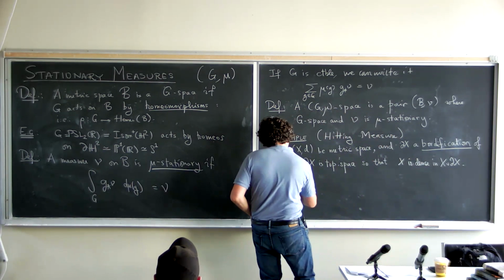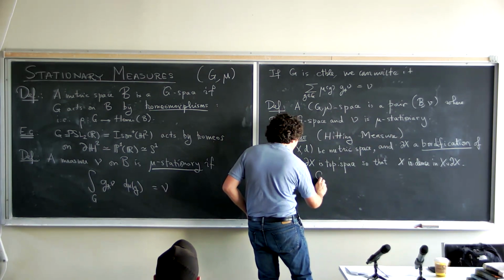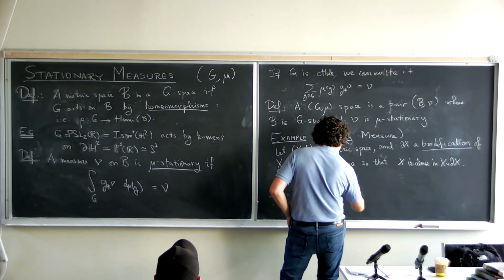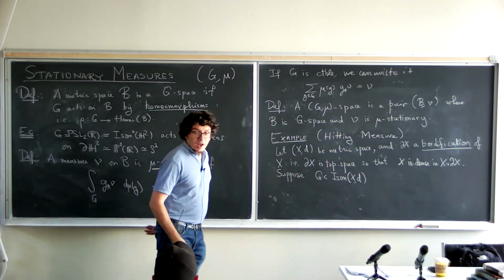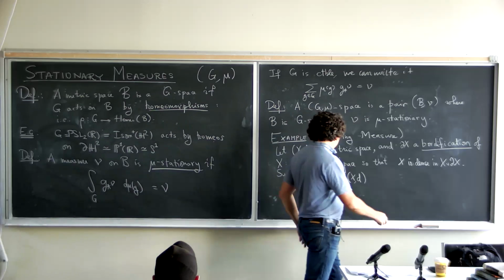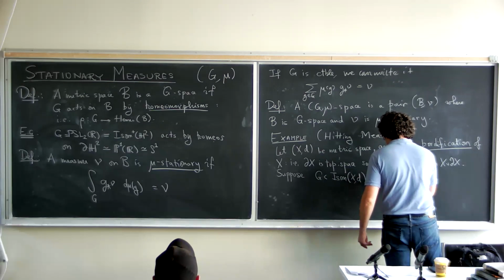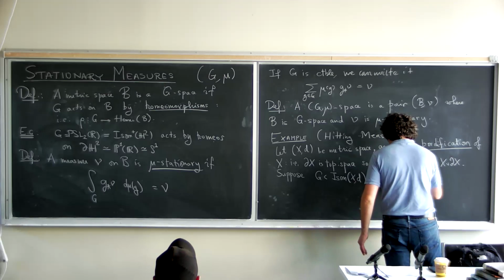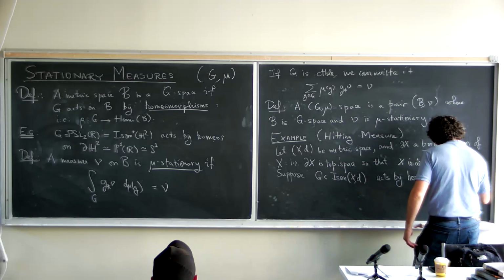And suppose G is a subgroup of the isometry group of X, so this acts by isometries on X. And suppose that the action extends to an action by homeomorphisms on the boundary.